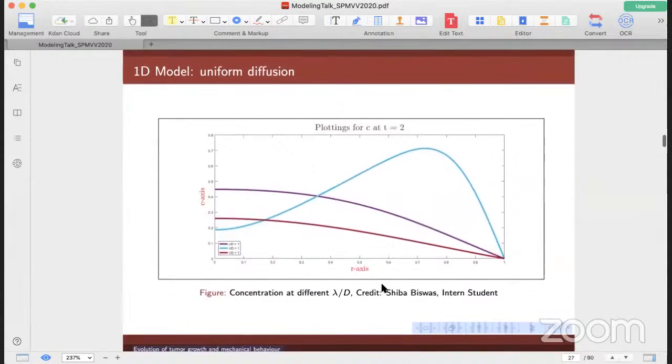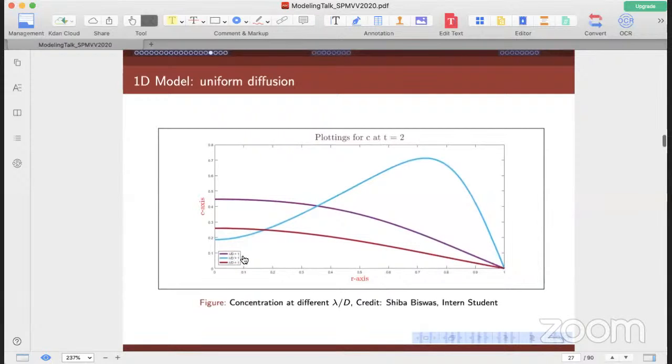On the other hand, suppose lambda by d is greater than 1. That means it's diffusion dominant, so the proliferation, the killing, is less, and the population is more. But ultimately it is 1 because of our boundary condition.